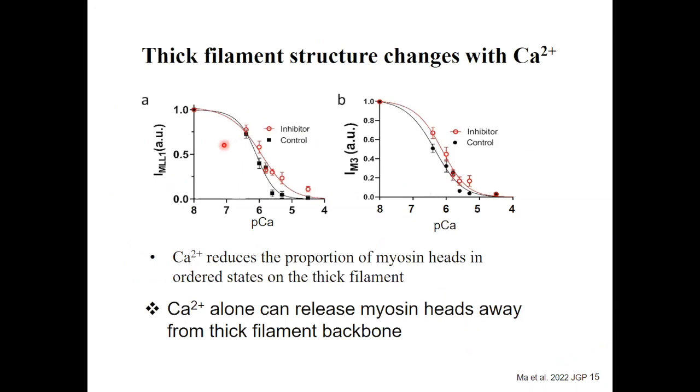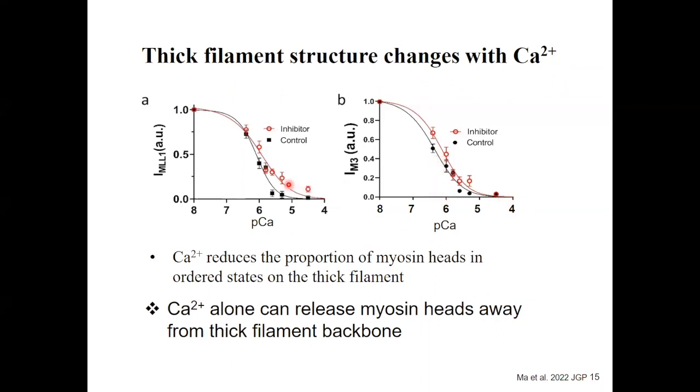So basically, as we increase the calcium concentration, we can mainly focus on the inhibitor group. In the absence of active force, you have a more or less similar drop of helical ordering, or the ordering of the heads.